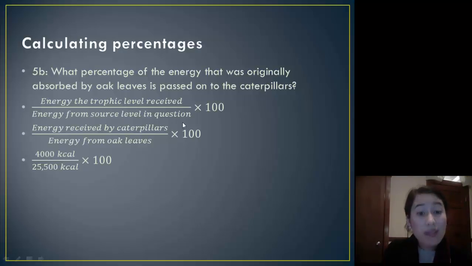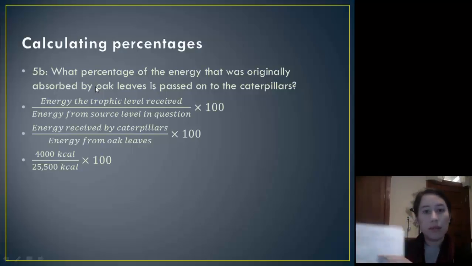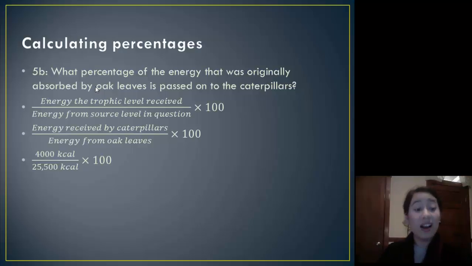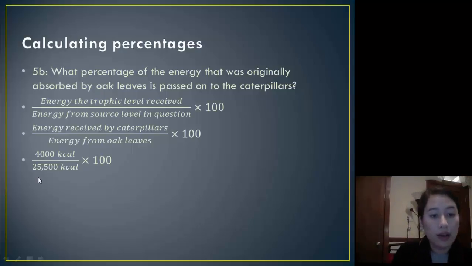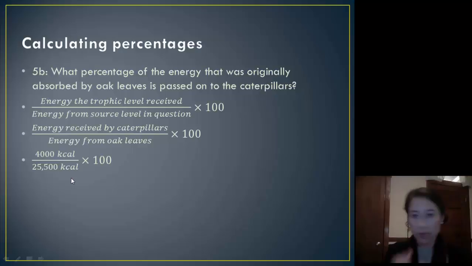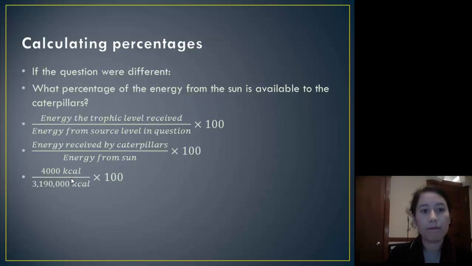And then the source level in this question were the oak leaves. It was asking how much energy do they get from the oak leaves. So I look at my pyramid right here, and the oak leaves had 25,500 kilocalories. So that goes here in my denominator. And I just punch that into my calculator, figure out the answer to the question.